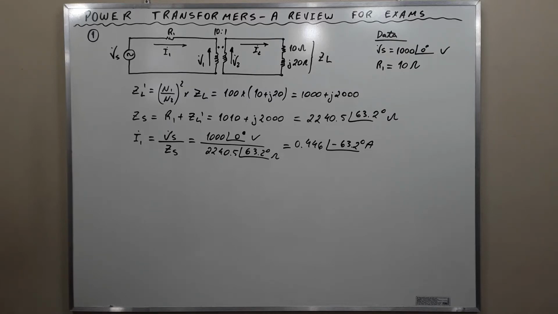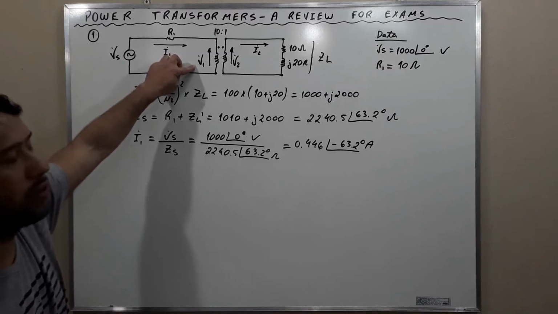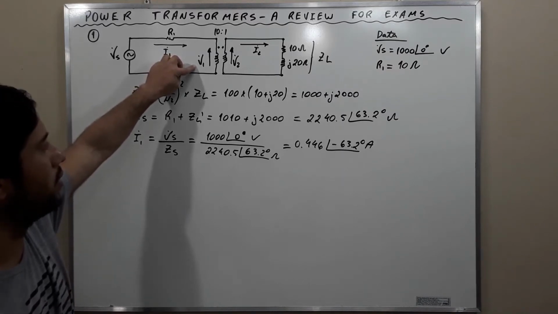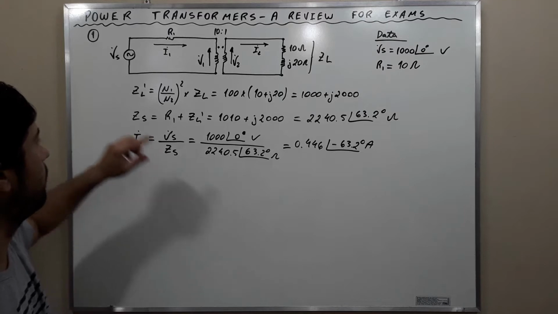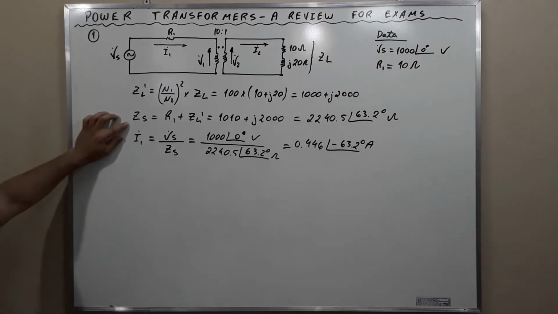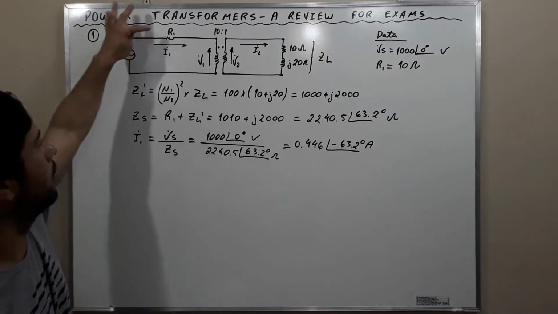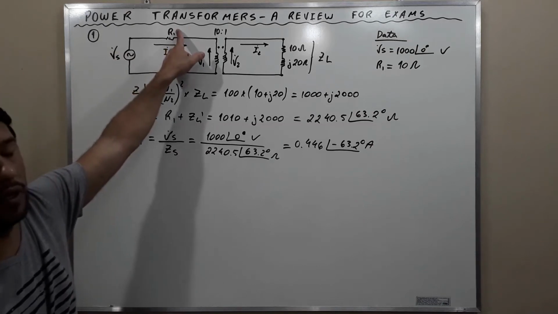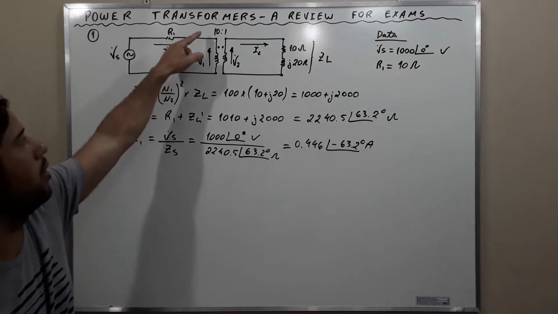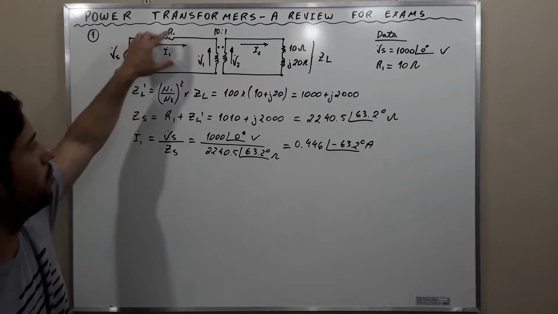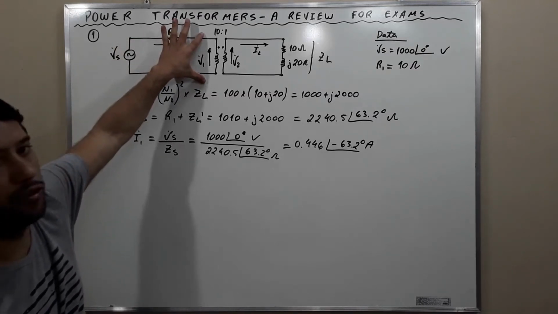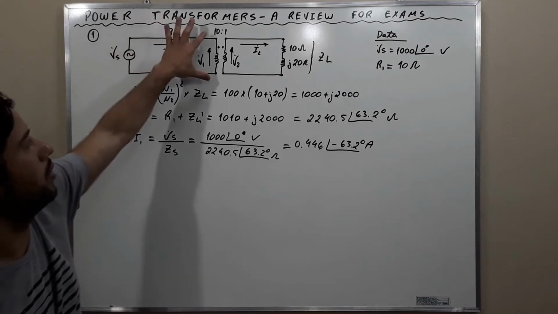With the value of the primary current, we can calculate V1. V1 is this voltage here. To calculate V1, we do not use ZS. We are going to use ZL prime, because the resistance R1 has its own voltage drop. V1 is not here. V1 is here.